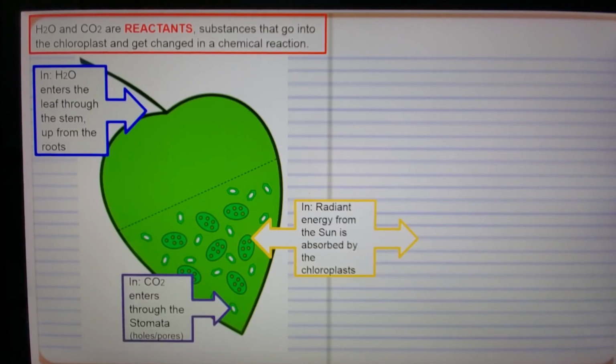It's incredible. You have a liquid, the water. You have a gas, the carbon dioxide, the stuff you breathe out, what comes out of your mouth. That gets together, and with the energy from the sun, it turns into a solid.